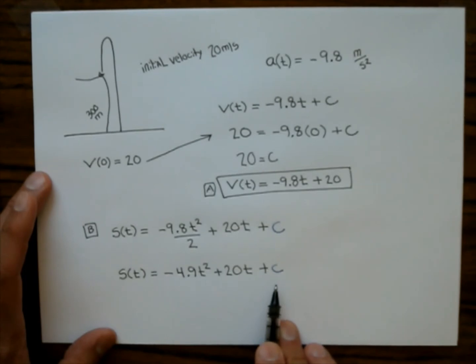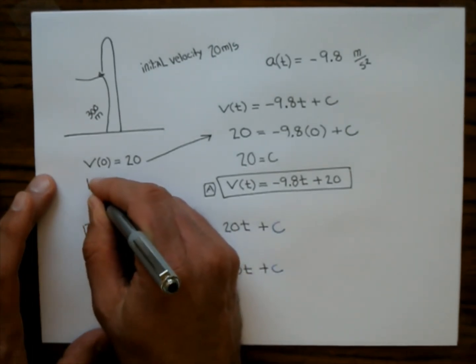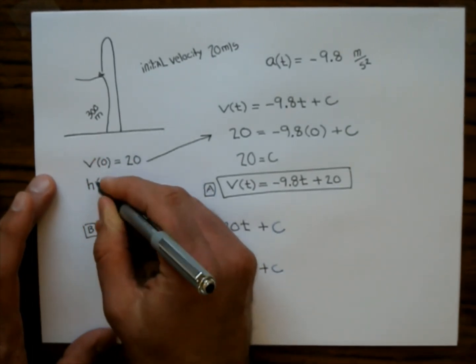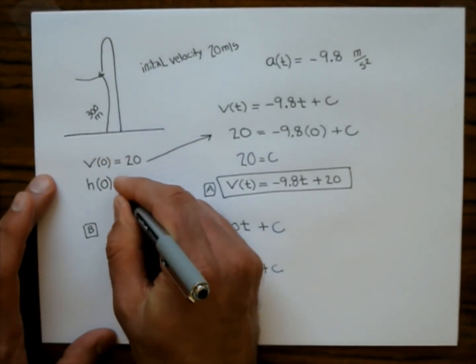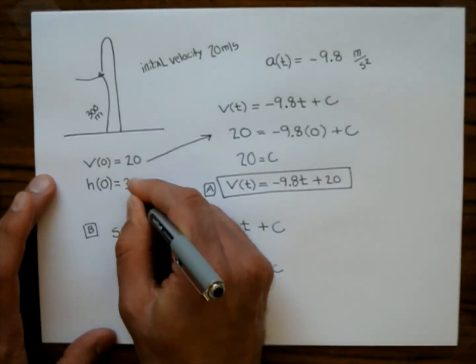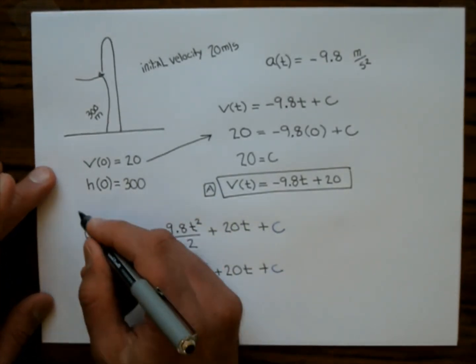We have to find that c, but we're also given the initial height. So this is really the position function, or sometimes called the height function, and the initial height, that's the height at time 0, was 300. That's the height of the cliff. Okay, 300 meters.